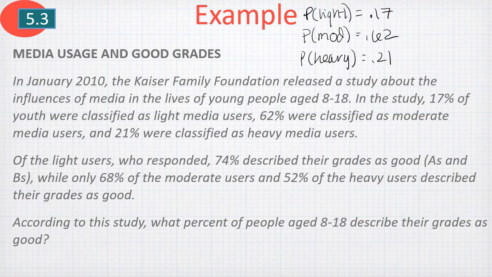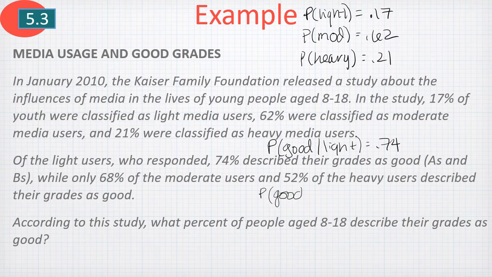Okay, so what I'm saying is they've told me that the probability that someone gets good grades, given that they're light users, is 0.74, because it said of the light users. Then it says 68% of the moderate users describe their grades as good. So "of the" would be "given."